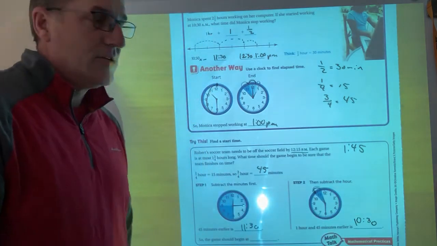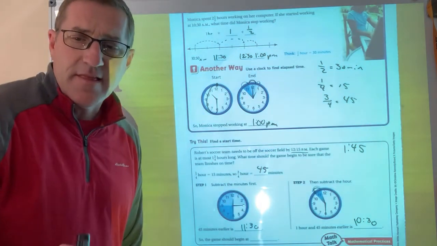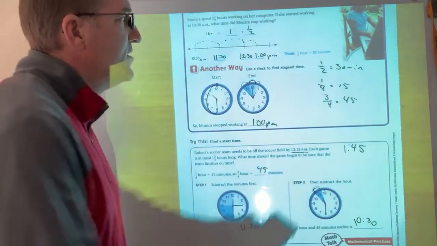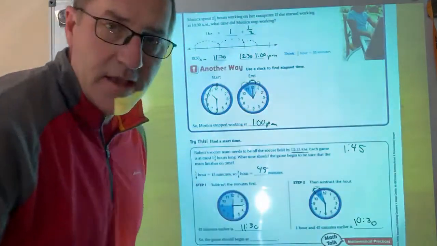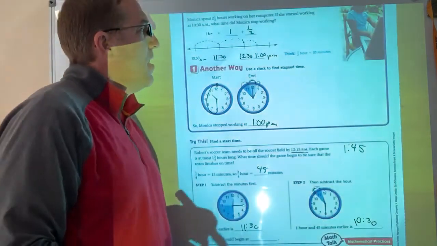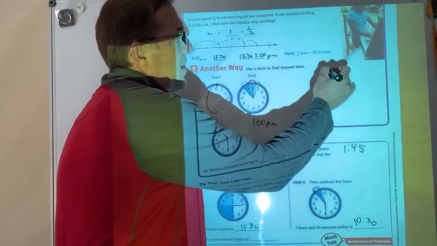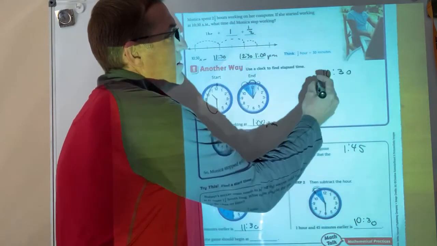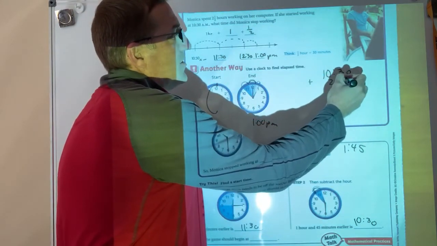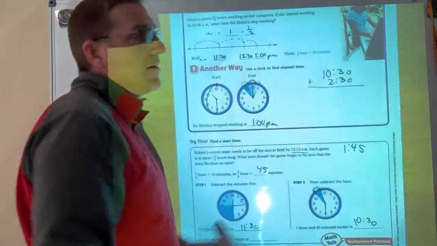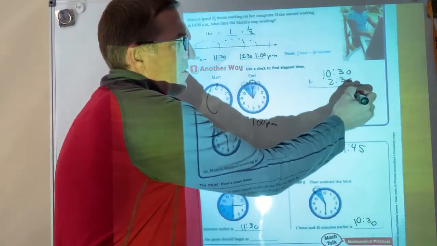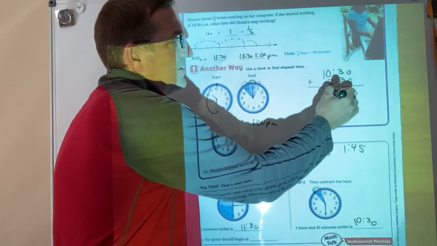Okay? So, having said that, one of the things that I would do is I would set it up like this: 10:30 plus 2:30. Okay, I get 0, and that's a 6, that's a 2, and that's a 1.